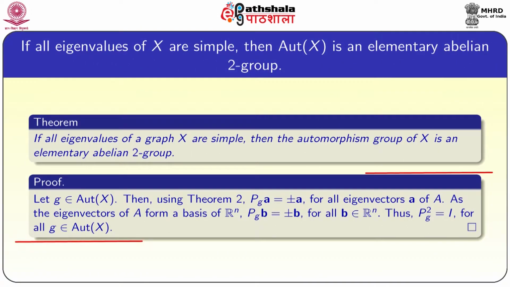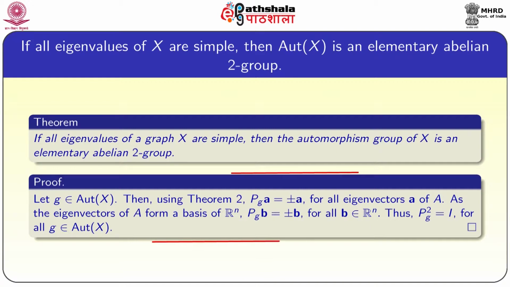If g is an automorphism of X, then using the previous result, P_g a equals plus or minus a for all eigenvectors a of A, because every eigenvalue is a simple eigenvalue.